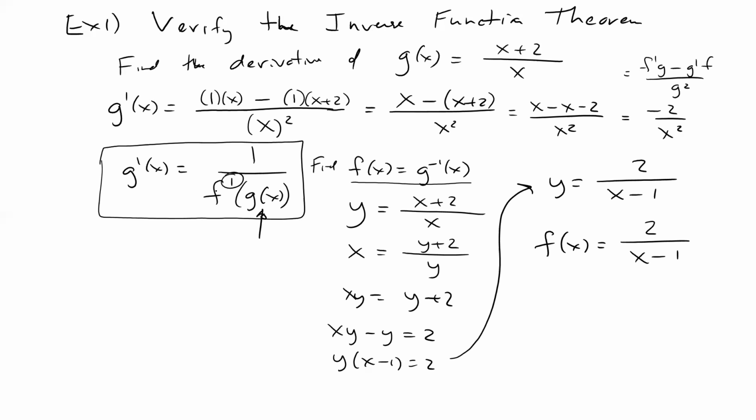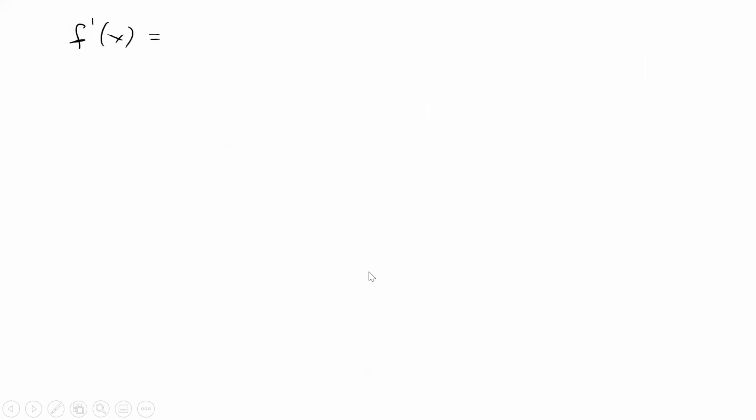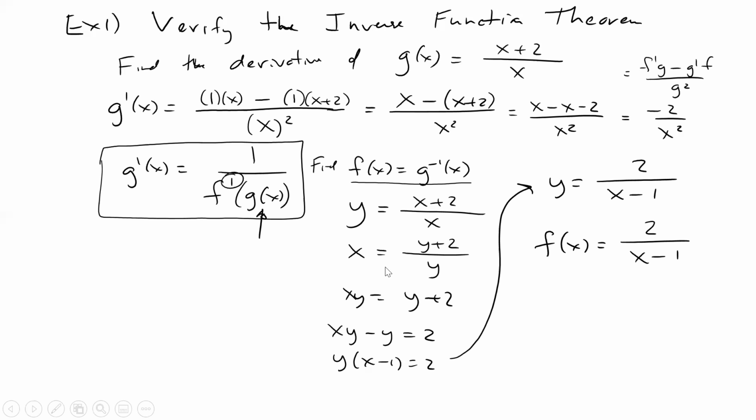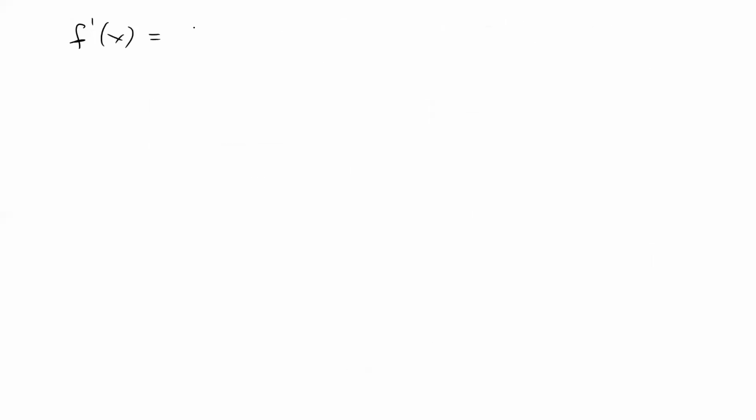It would be negative 2 over x minus 1, that squared. Because you have 0 times x minus 1, and then minus 2 times 1. Okay, derivative of 2 is 0. x minus 1, minus sign.